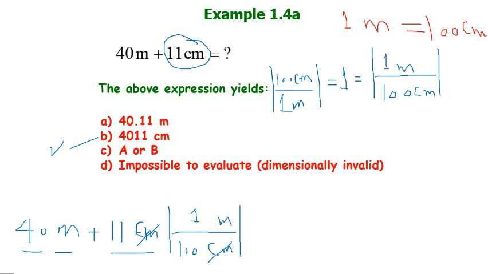To cancel centimeter with centimeter, 11 times 1 over 100, 0.11. So we have here 40 meter plus 0.11 meter. So A also is right. So the right answer here would be A or B.